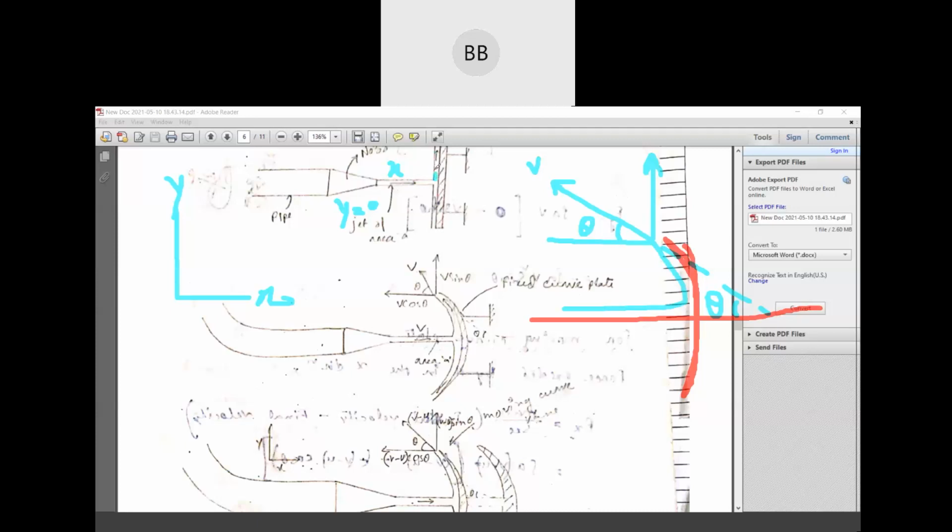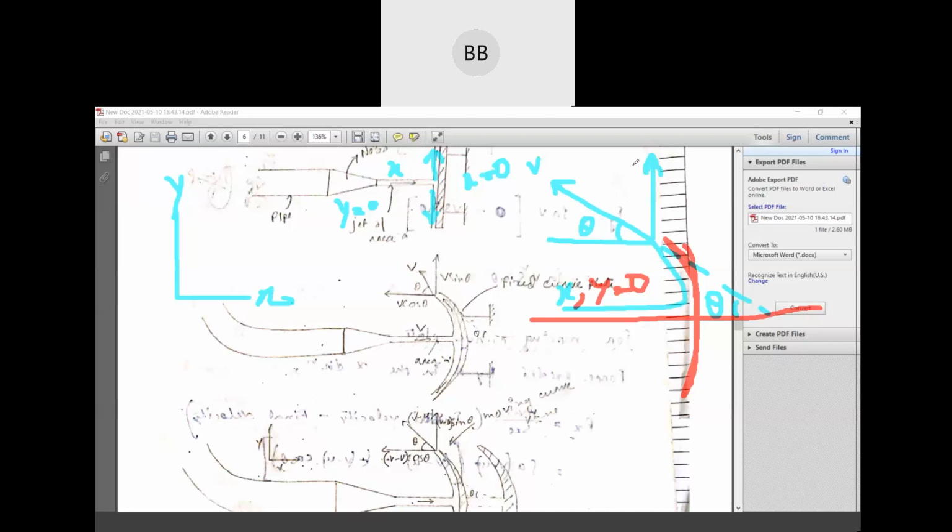After strike, one portion goes up and one portion goes down, so both are in the y direction only. So x is equal to 0 for the vertical plate. When you consider a curved plate, before strike it is in the x direction and y is equal to 0, similar to the previous one. But after it strikes and moves out, it makes an angle theta with the vertical axis.